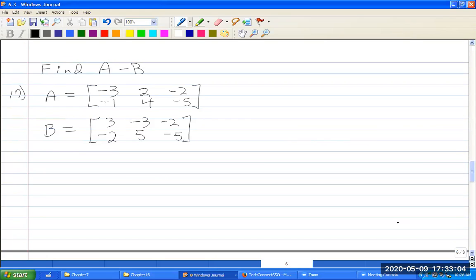Problem 17, find A minus B, where A is negative 3, 2, negative 2, negative 1, 4, negative 5, and B is 3, negative 3, negative 2, negative 2, 5, negative 5. Let's subtract these.